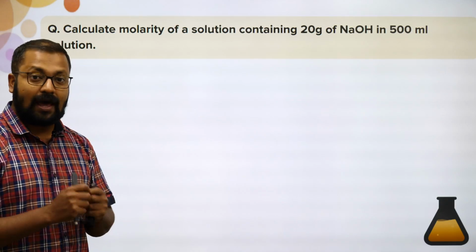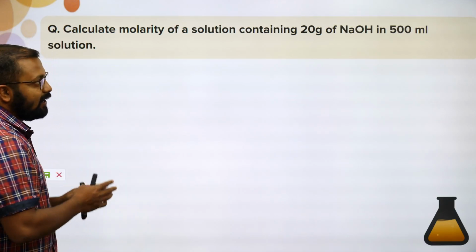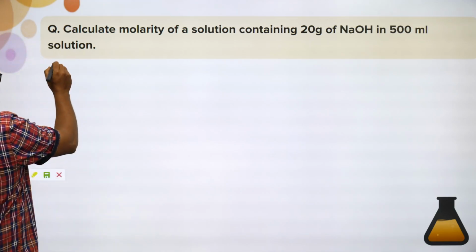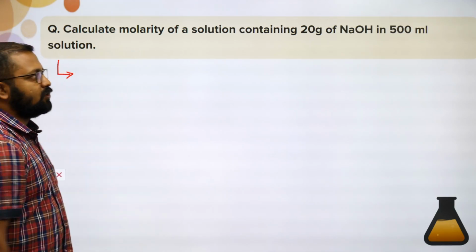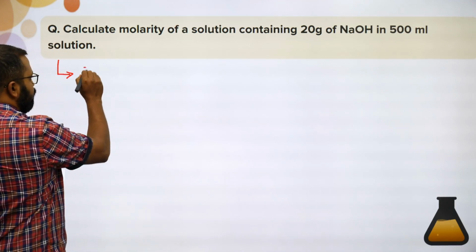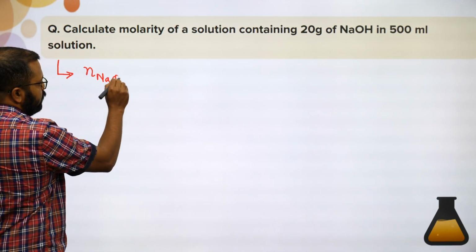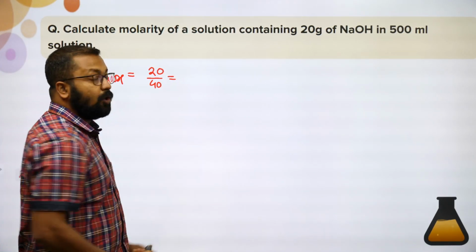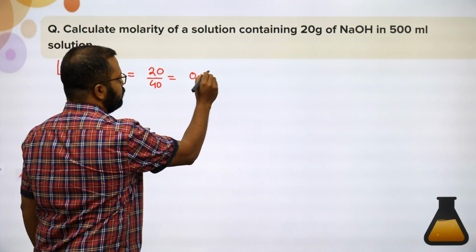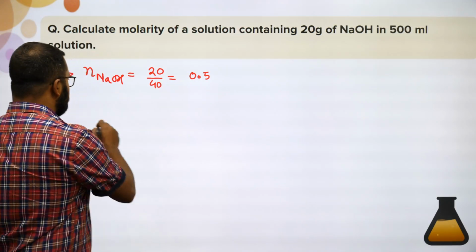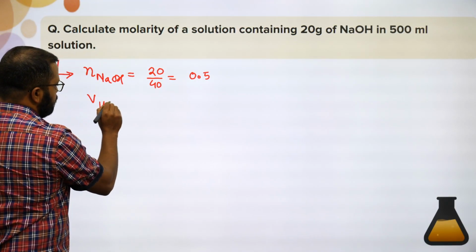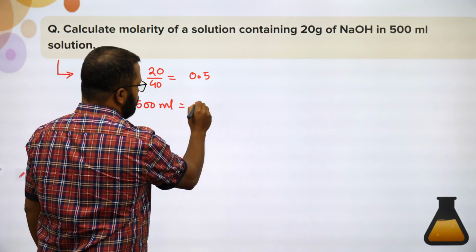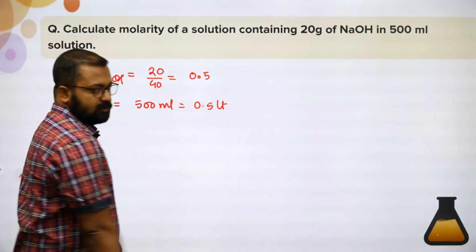Okay, this question was for molarity, but besides molarity, you have to calculate a lot of other things in it. So, if I start with the calculation of molarity, then the number of moles of NaOH would be written as 20 upon 40, because 40 is the molecular weight, so that is 0.5, and the volume in liters is 500 ml, which is 0.5 liters.